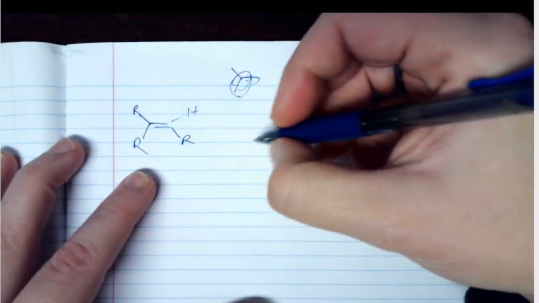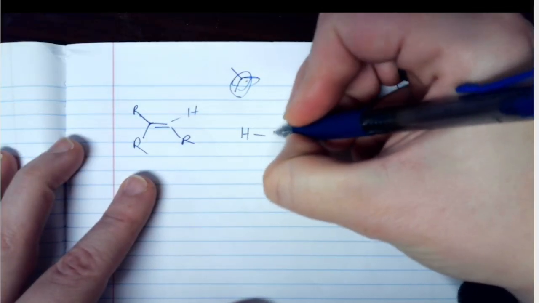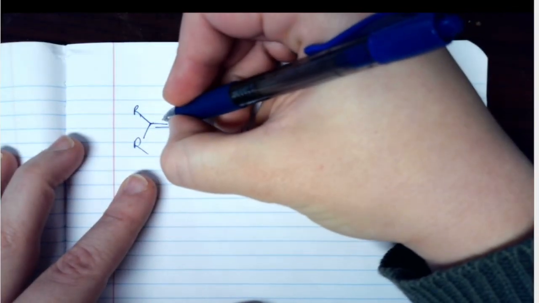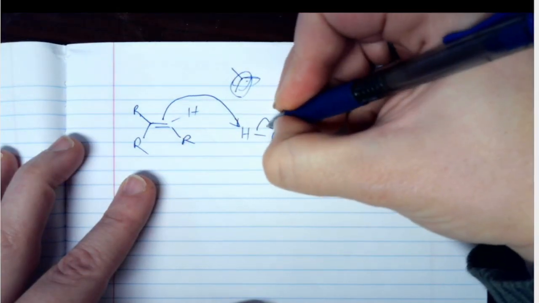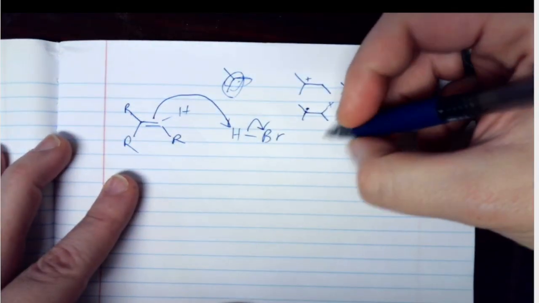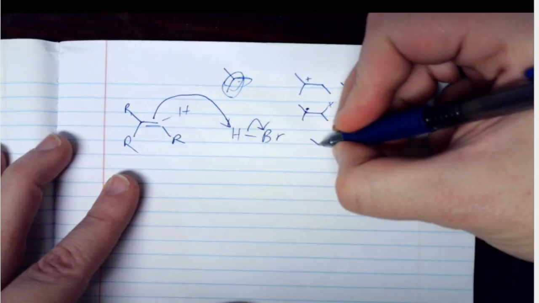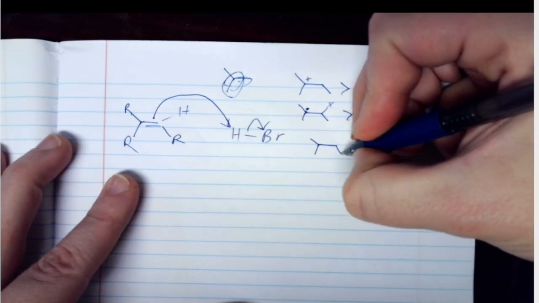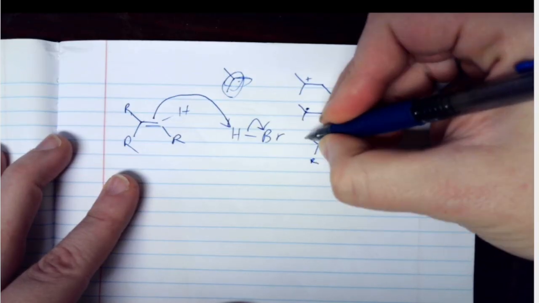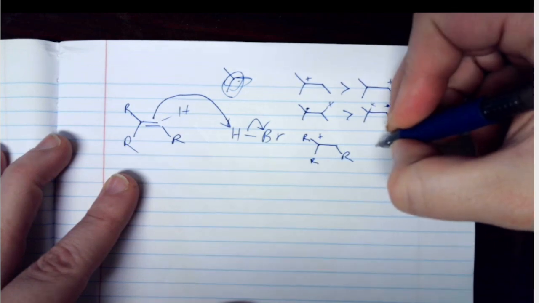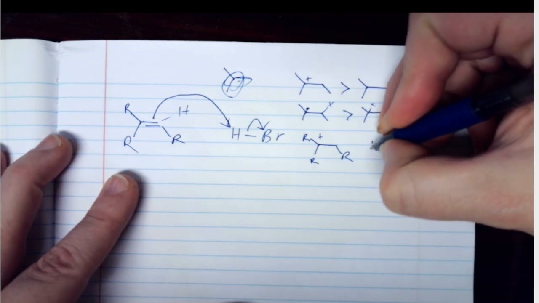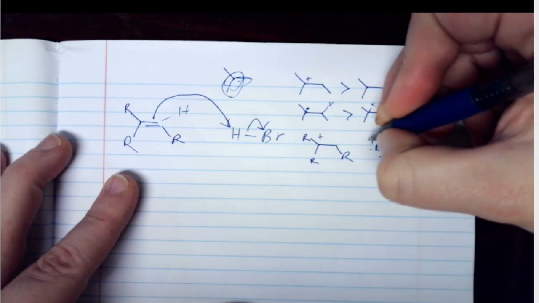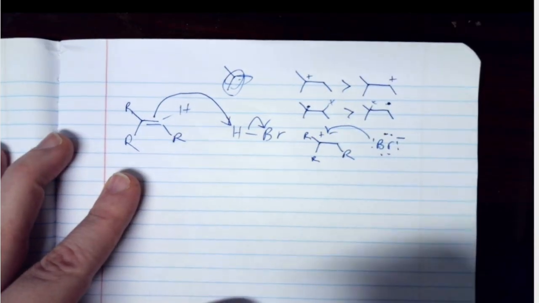So, when we do HBr electrophilically, the double bond attacks this, and the H is adding first. So we form a carbocation and then the bromine attacks there.